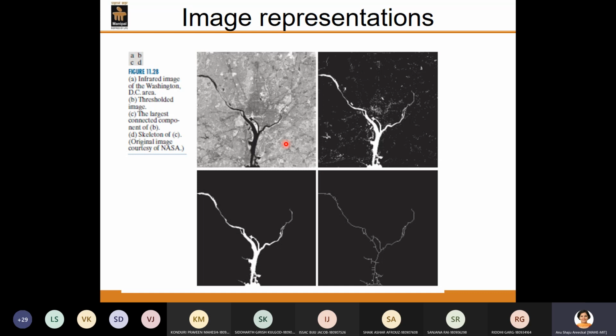Or just putting it in other words, instead of having all the details of each and every pixel intensity present in the image in regions where it is not really relevant for me, I need not process all these intensity variations when I'm working further, right? So in such cases, I can discard this information, and I can try to represent the image in a form where I have only the useful information which I need.